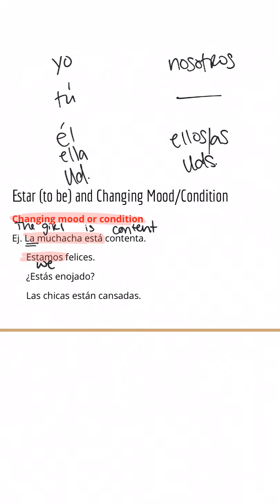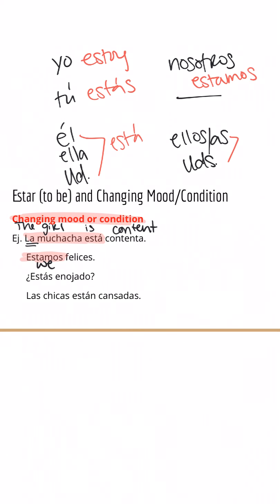And then my ustedes form, which I can abbreviate by the capital U, D, S period. All right, so let's fill in those verbs really quickly. I have for the yo form, I have estoy, I have estás for tú. Remember, these three share that conjugation of está. Nosotros, I have estamos, y ellos, ellas, and ustedes is están.